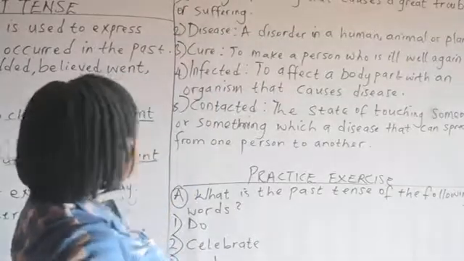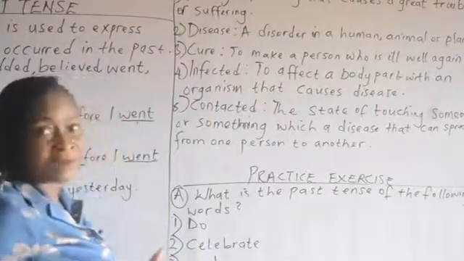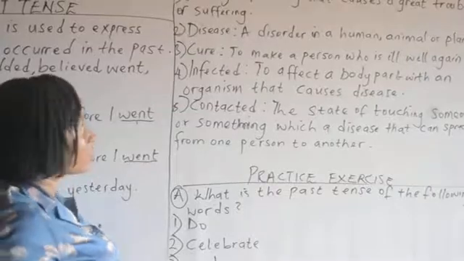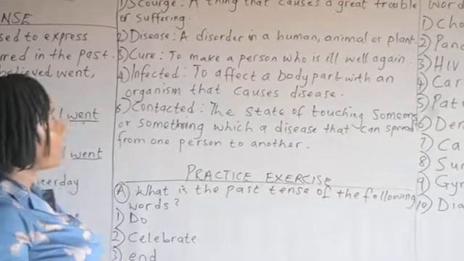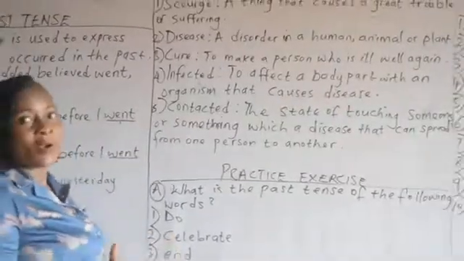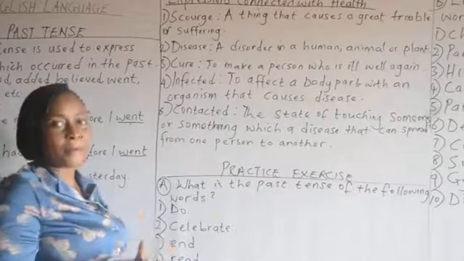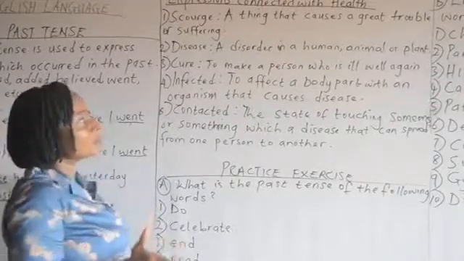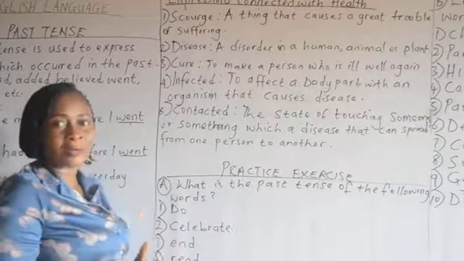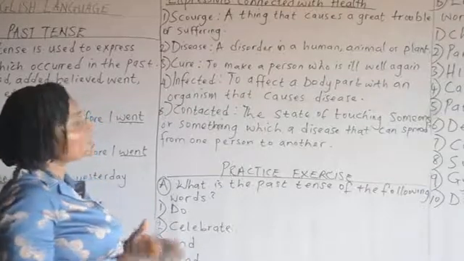Disease. A disease, I'm sure you are very conversant with that word. It's a disorder in a human, animal, or plant. When things are not going normal with a human, plant, or animal, it is known as what? A disease.